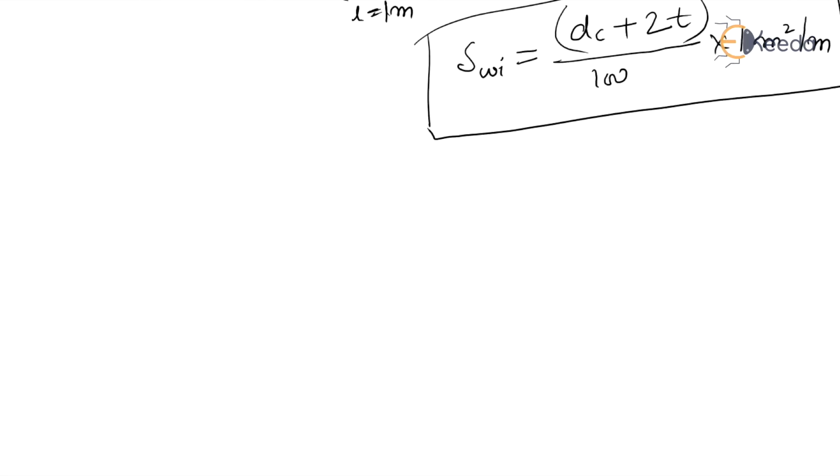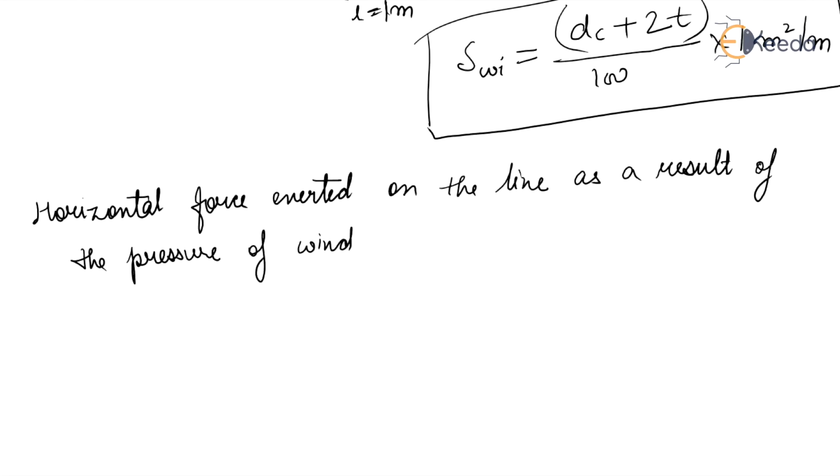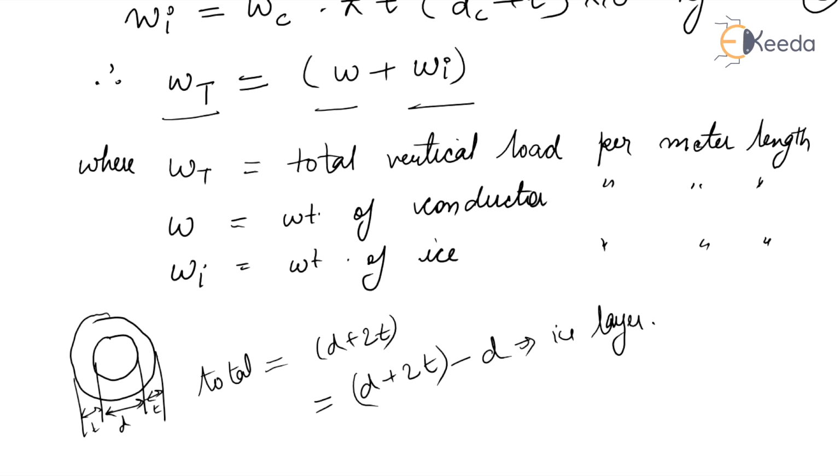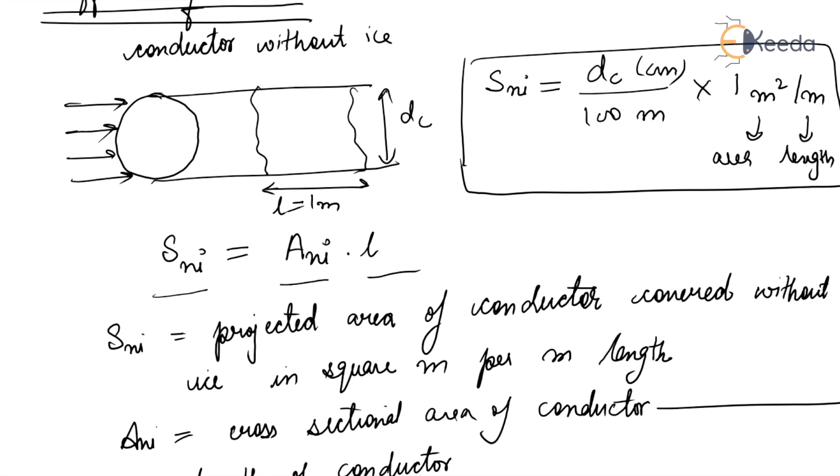Now, the horizontal force exerted on the line as a result of the pressure of wind without ice is equal to SNI into P, where SNI with no ice is equal to DC upon 100 into 1.